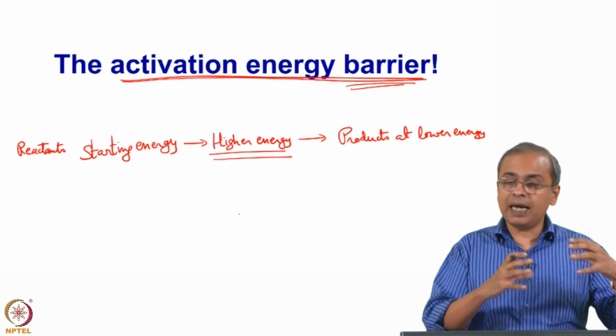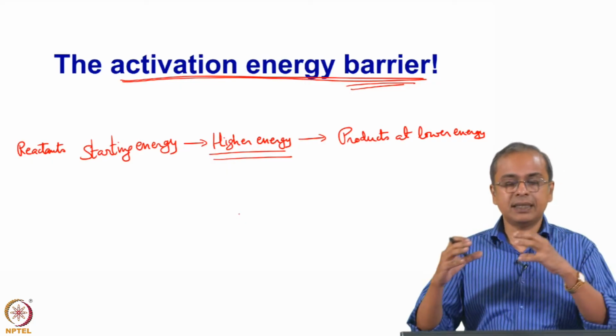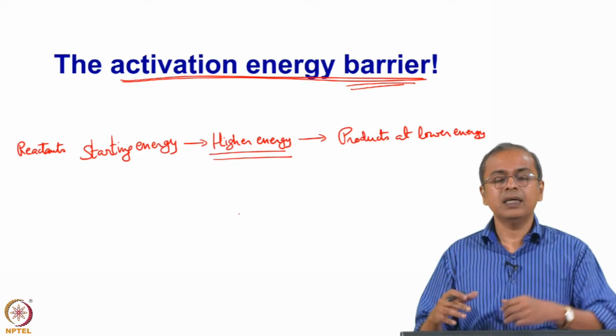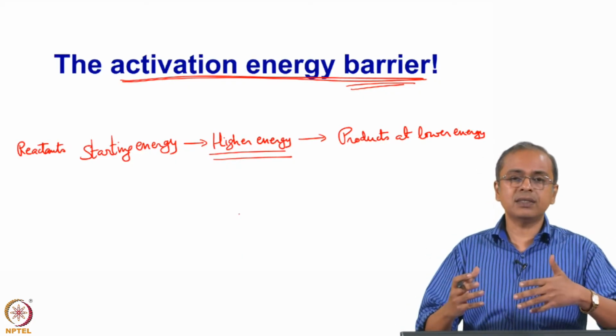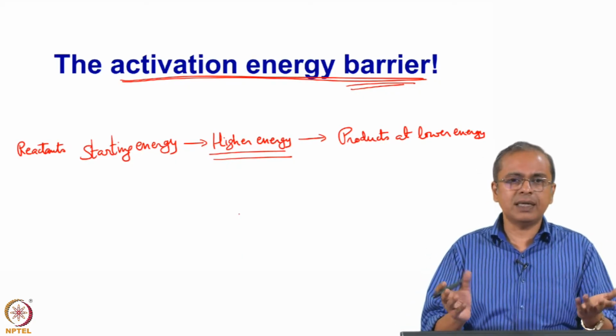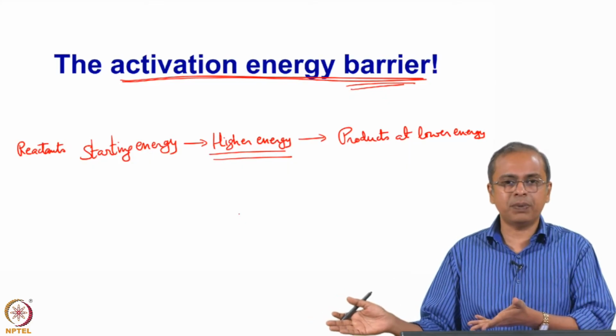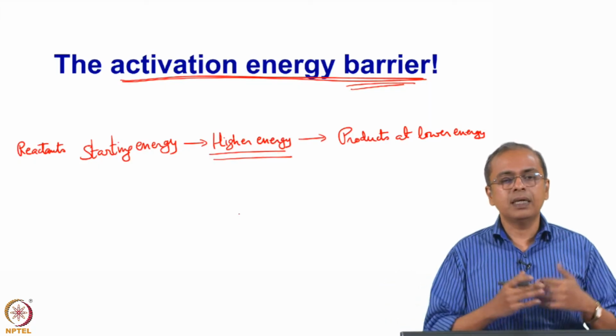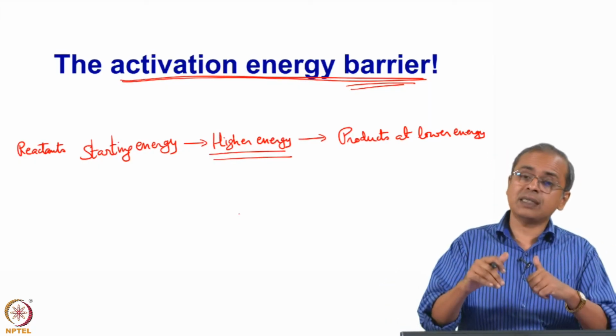So, now we understand that when you do a combustion reaction and release energy, that is exactly the process that is happening. So, therefore, we ask ourselves, then why is this not happening spontaneously? You leave things in nature, they should all just automatically end up in lower energy. You should never find carbon, you should only find carbon dioxide. So, therefore, we ask ourselves why that has not happened.